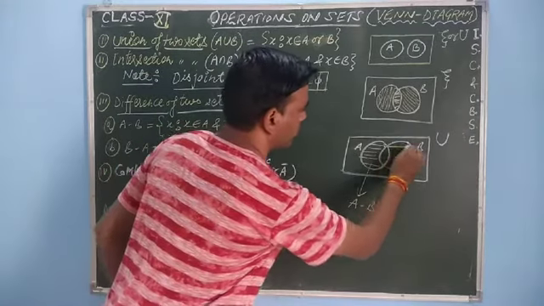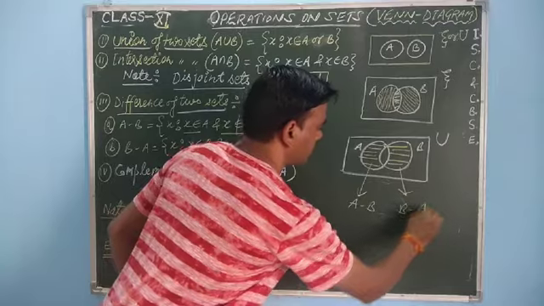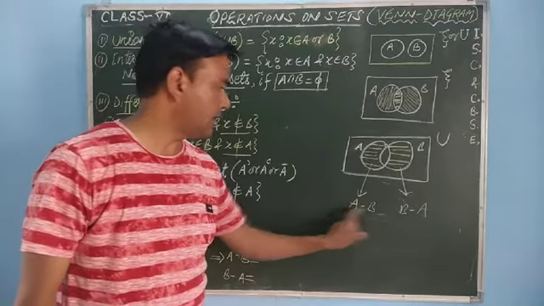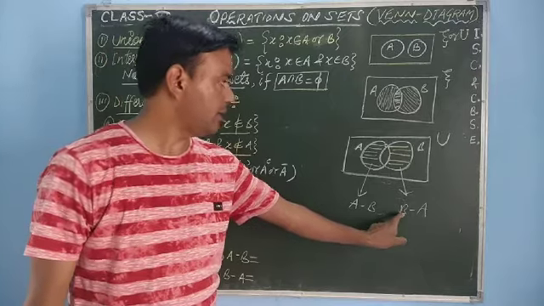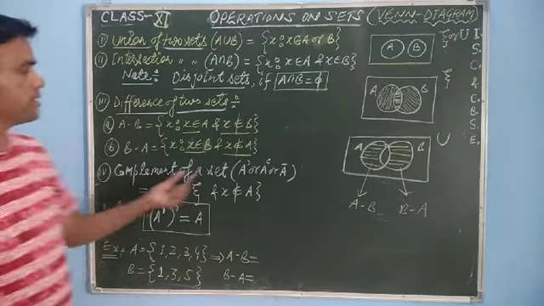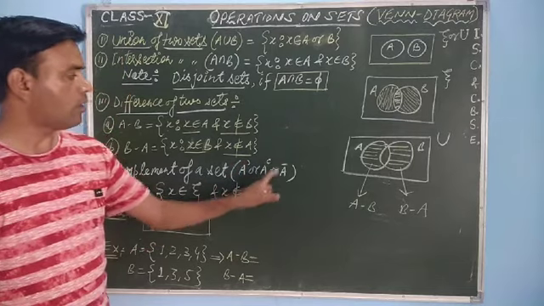So this portion will represent only B minus A. It means this portion contains elements belonging only to set A, and this represents those elements belonging only to set B.